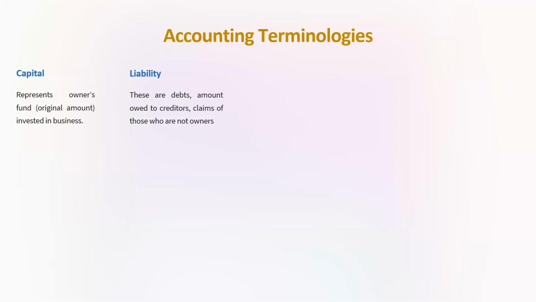Sometimes all the purchases of goods or all the sales don't happen as a cash transaction. Sometimes the suppliers may sell the goods or may purchase the goods on credit. So it would be considered a credit purchase or credit sale.